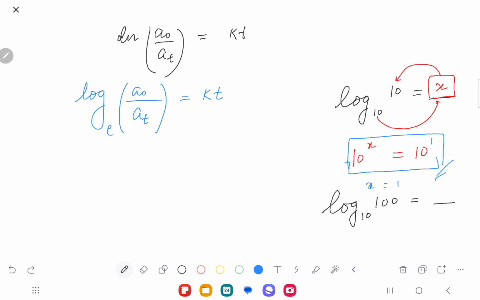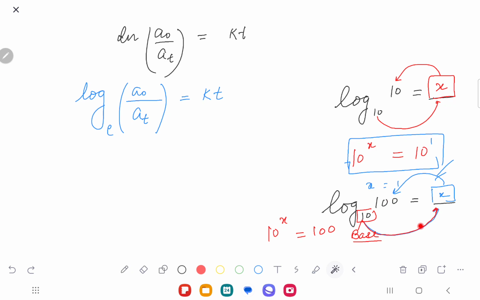If I say log 100 to the base 10, what should be your answer? 10 raised to power what should give me 100? Let's suppose x. So 10 raised to power x should be 100. Are you understanding this circle? This is the base. My question to you is, with log, 10 raised to the power what, this x, should give me back 100?